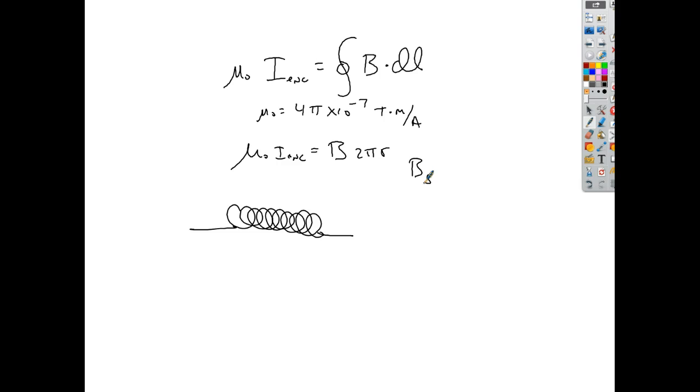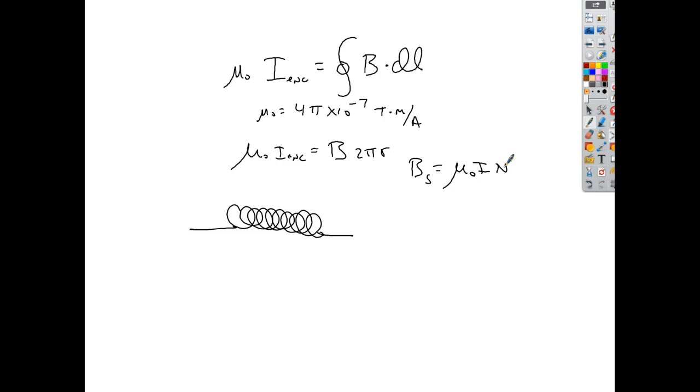Solenoid means coil. It is equal to mu naught I, and then they use an N, and I'm always going to get this wrong because N drives me crazy. I learned this differently, so I'm trying my hardest to do it the way they do it.